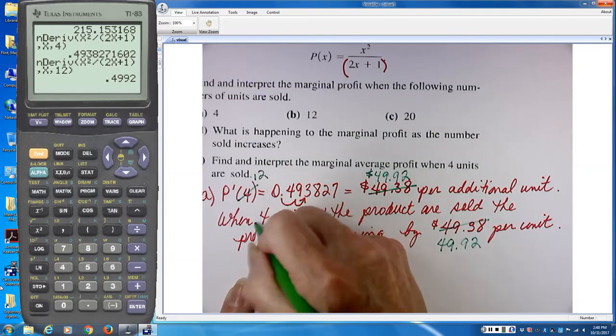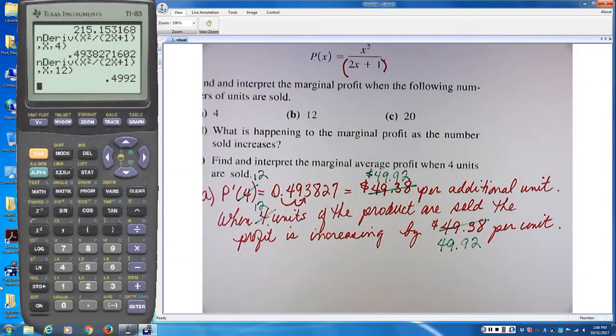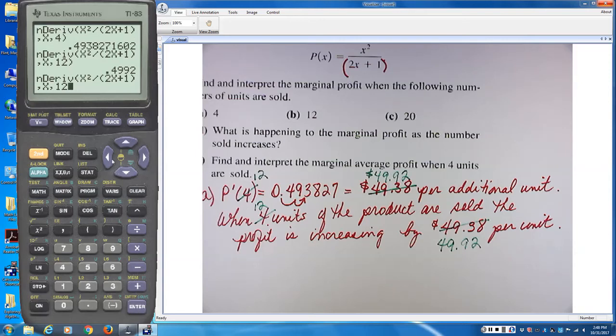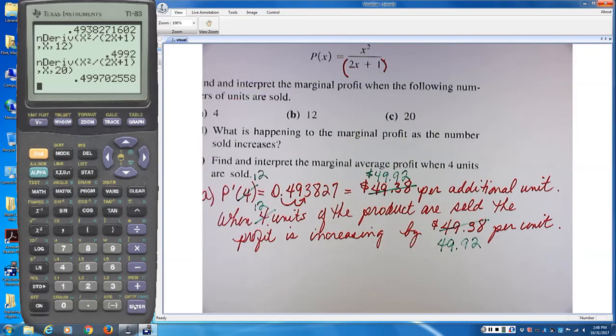So when 12 units are sold, the profit is increasing by $49.92 a unit. And then last is 20 units. And that's $49.97.